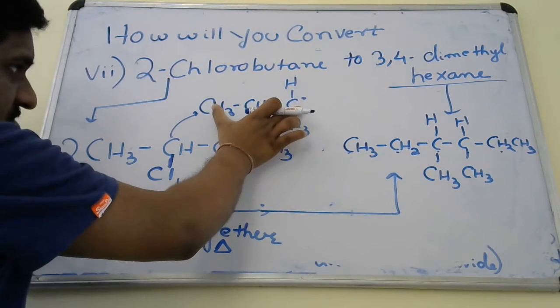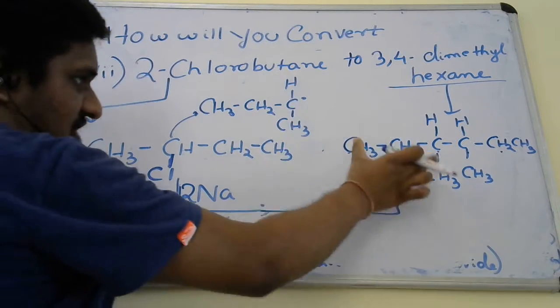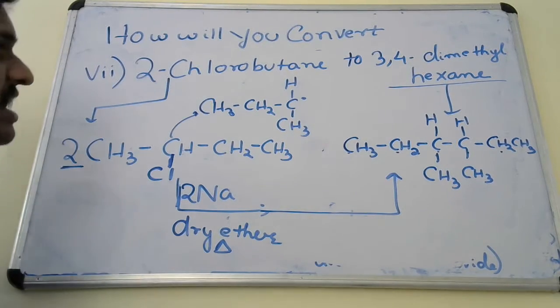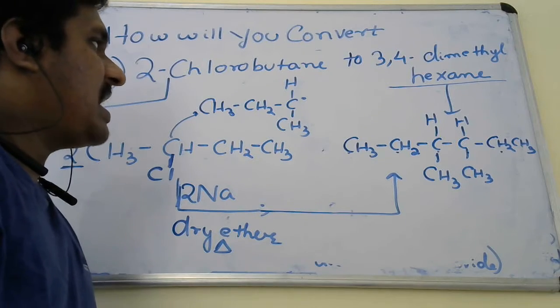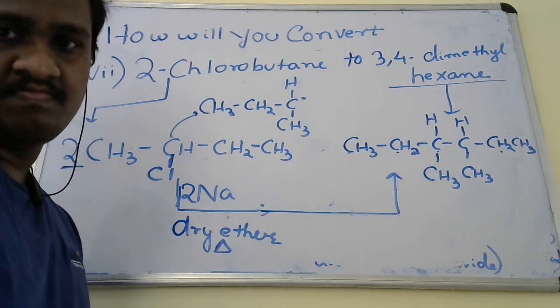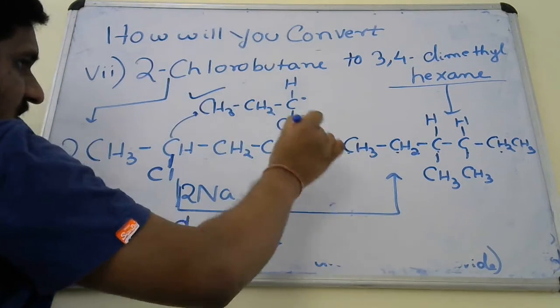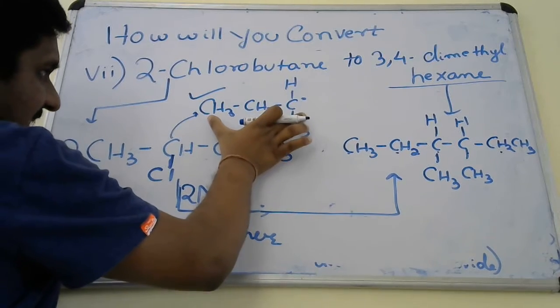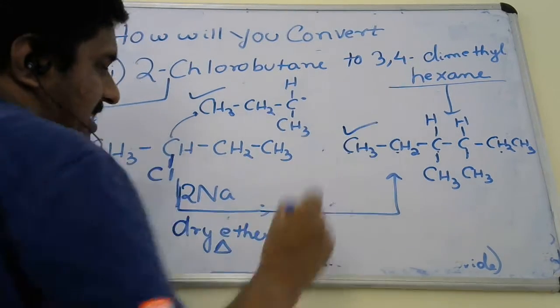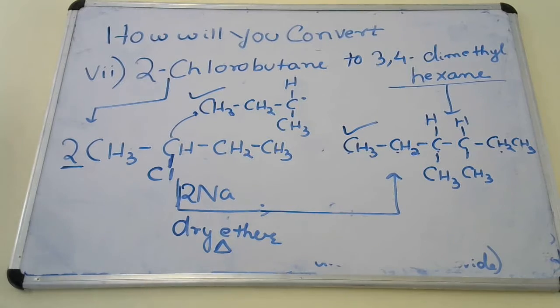These 2 similar free radicals will link with each other, and you will obtain a compound like this, because it is a free radical reaction. That is why 2 such similar free radicals link, and this is how 2-chlorobutane is converted into 3,4-dimethylhexane.